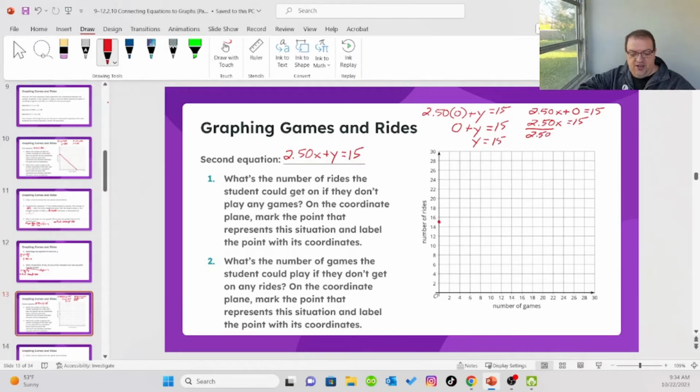Now anything divided by itself is just 1, so that goes away. And if I divide the left side by 2.50, I must divide the right side by 2.50 so that my equation stays equal. This results in x equals 6. So now, if there are no rides, there are 6 games. So I can put my dot right down here.